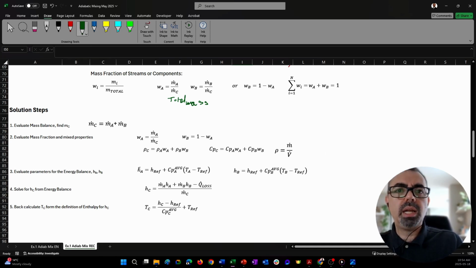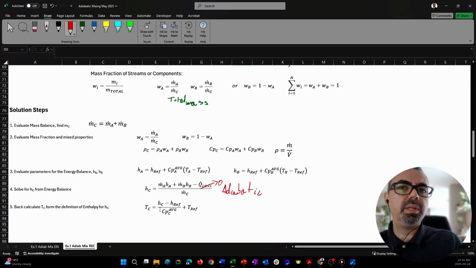Next, since I have now the enthalpies, I can evaluate the energy balance and solve for the enthalpy of stream C, which is the outlet. In this case, please remember, we defined that the heat losses are 0 because it's adiabatic. Finally, I use the enthalpy to plug it back into the expression for enthalpy for stream C, and from there I will solve for the temperature, which is the information that I need.